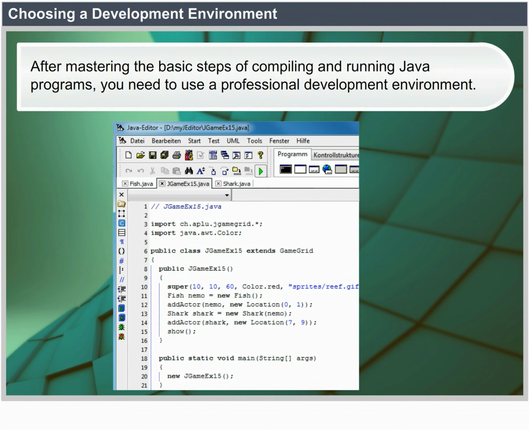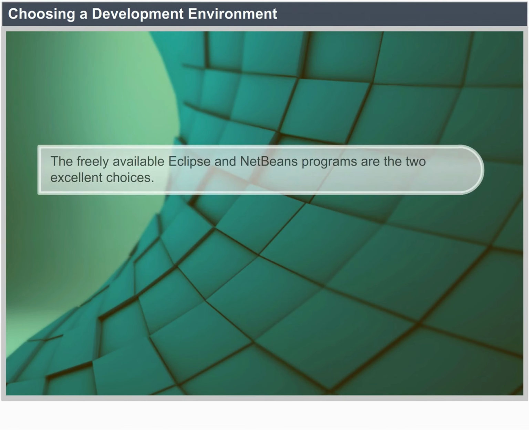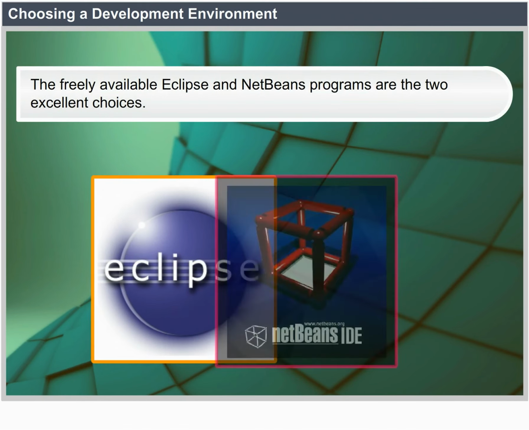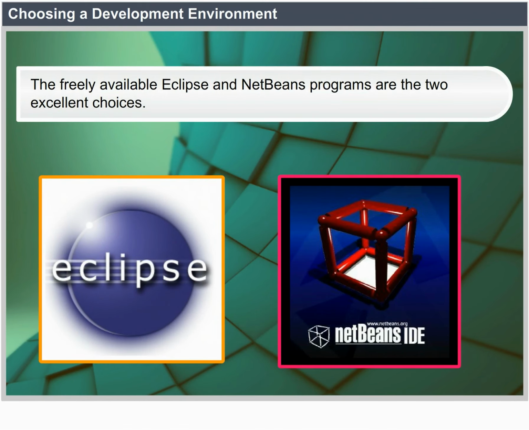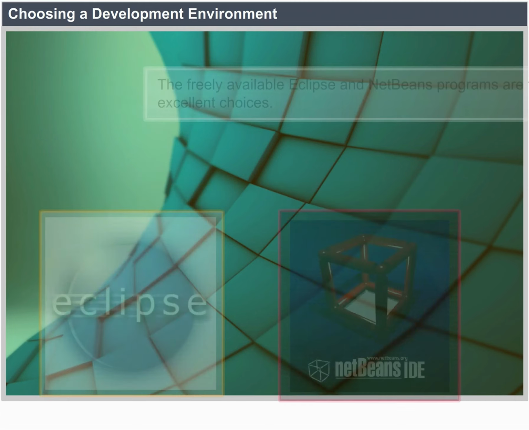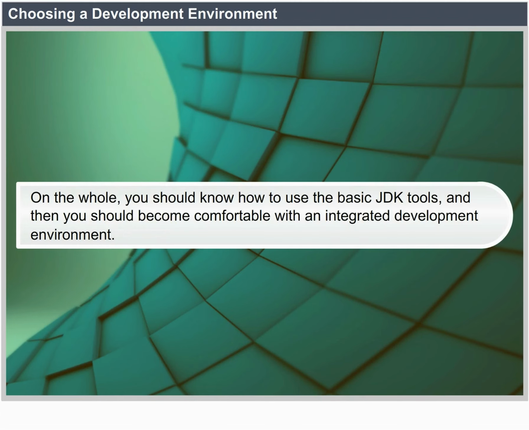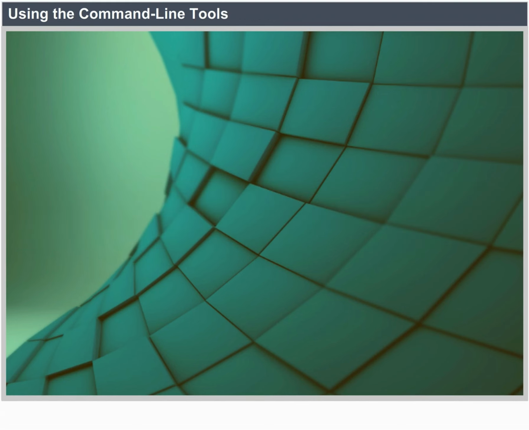After mastering the basic steps of compiling and running Java programs, you need to use a professional development environment. The freely available Eclipse and NetBeans programs are two excellent choices. On the whole, you should know how to use the basic JDK tools, and then you should become comfortable with an integrated development environment.